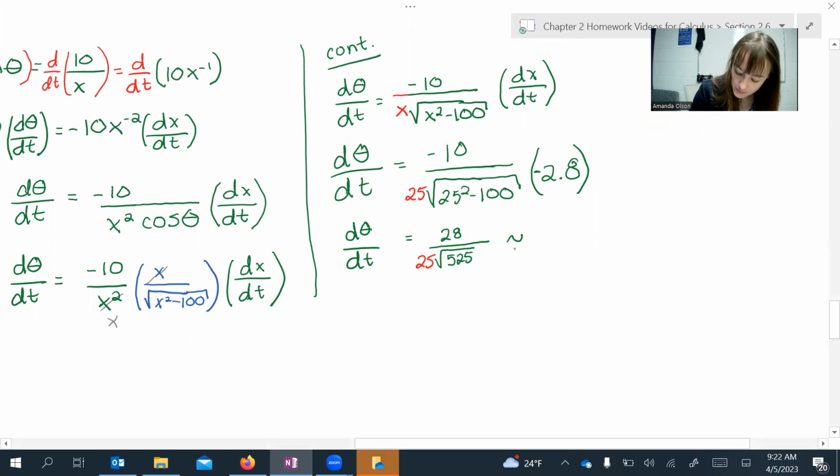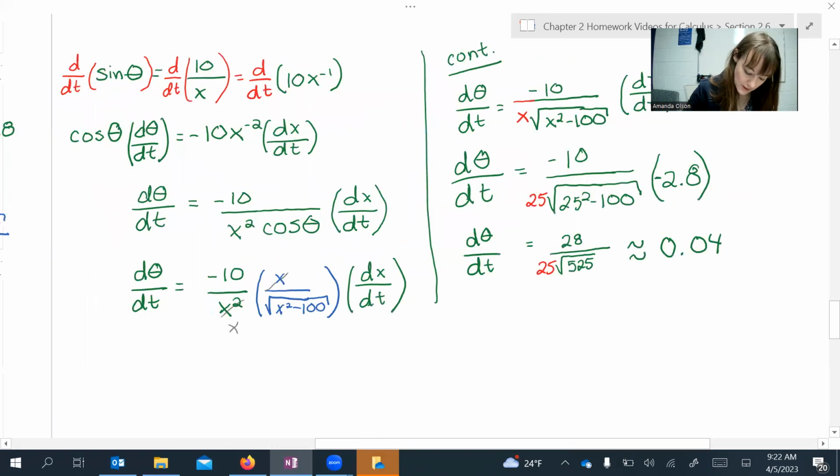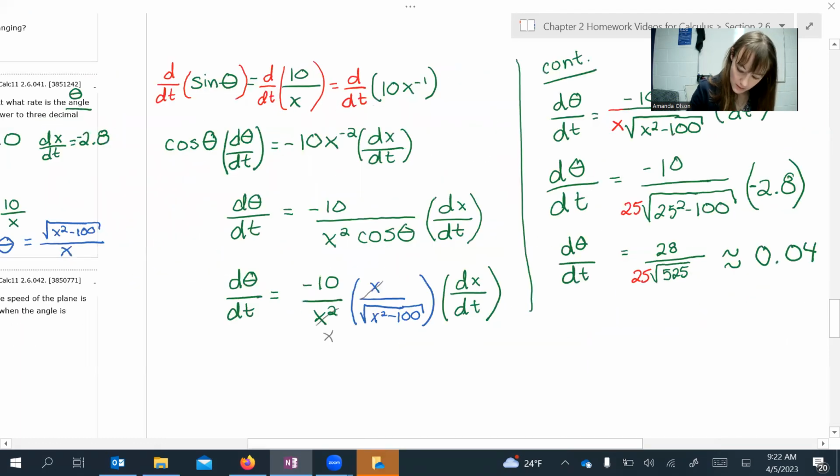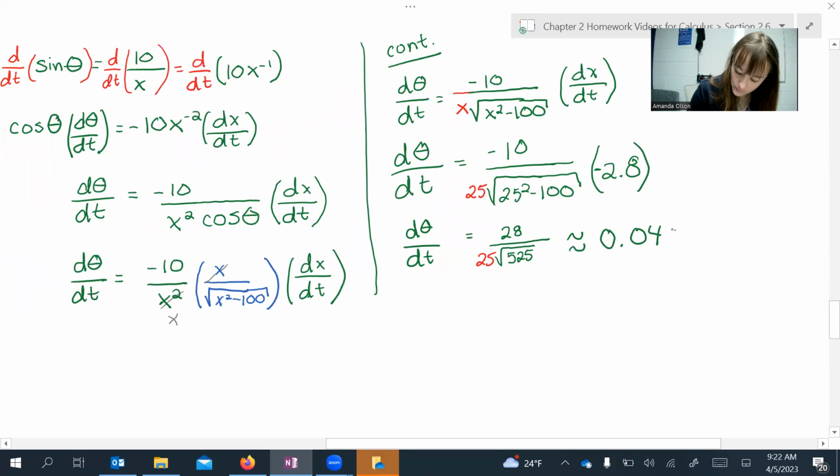we get approximately 0.04, and it said 3 decimal places, I believe. So I get 488, so about 0.049. And then this is just going to be radians per second.